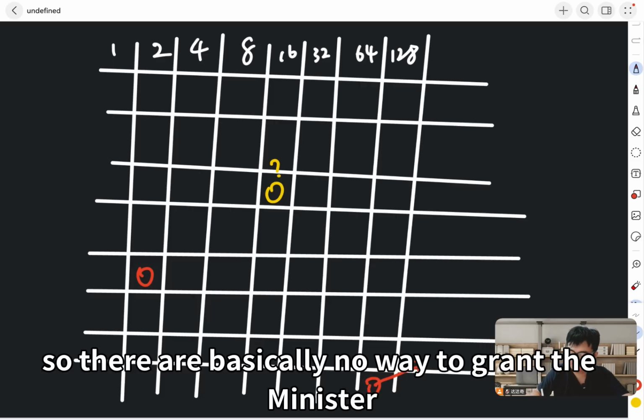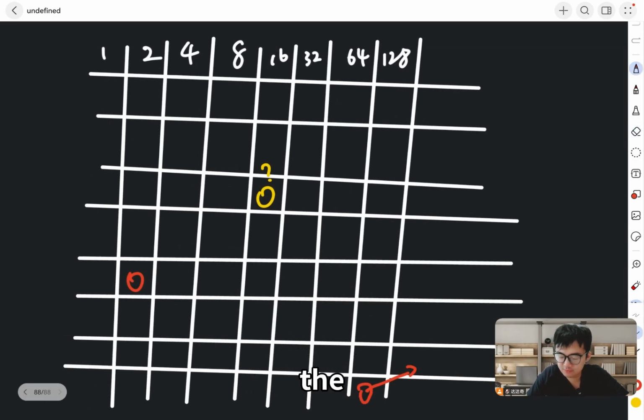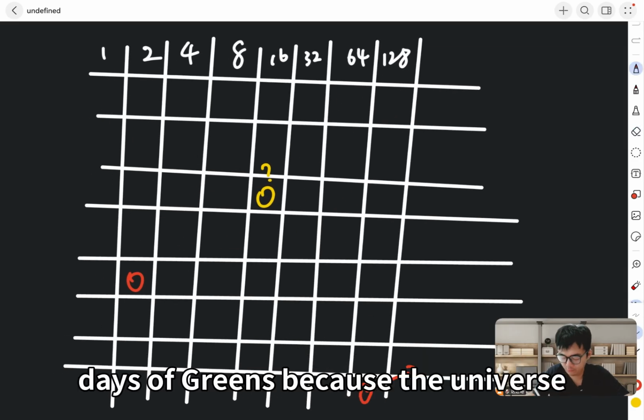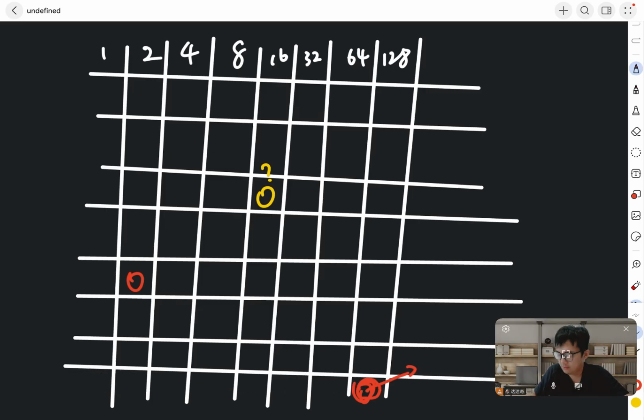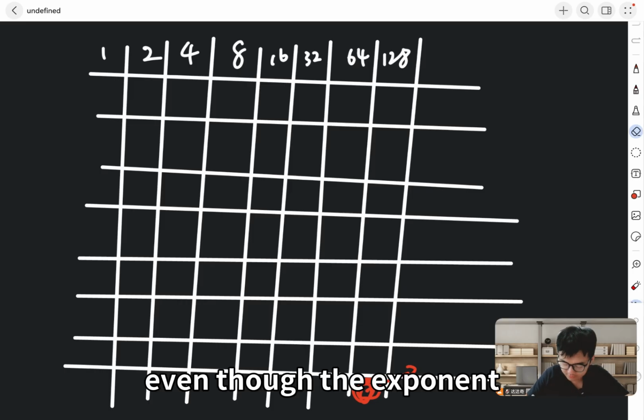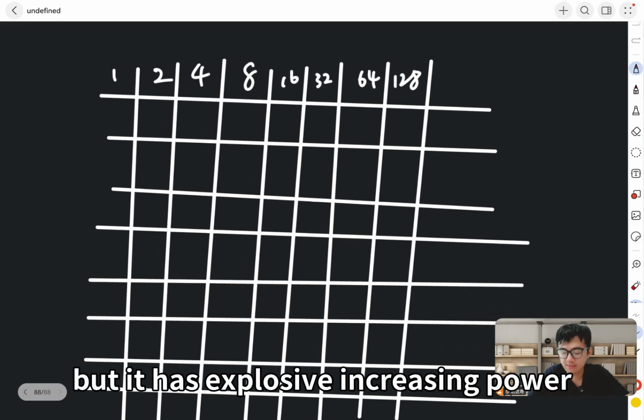So there's basically no way to grant the minister the 64 days of grain because the universe may not be able to provide it. So this story has told us, even though the exponential looks small in the very beginning, it has explosive increasing power.